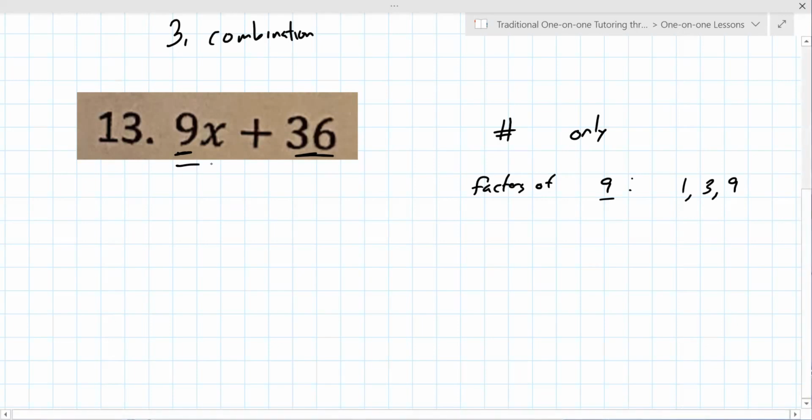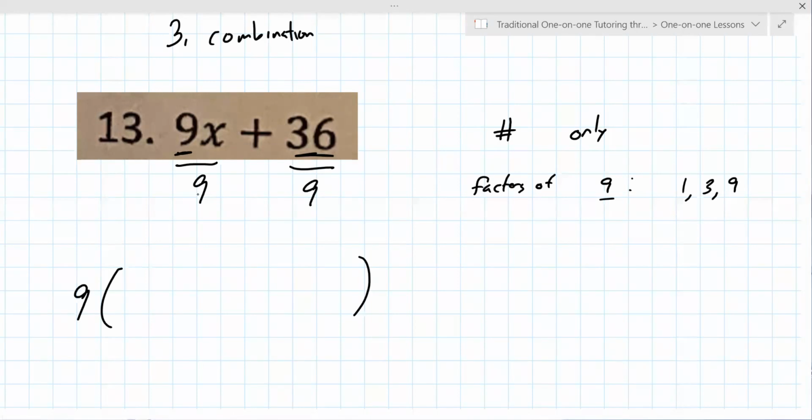So what you do is you divide both of these by 9, and you put a 9 on the outside here. What is 9x divided by 9? 9x divided by 9 is x, 1x, right? What about 36 divided by 9? 4.